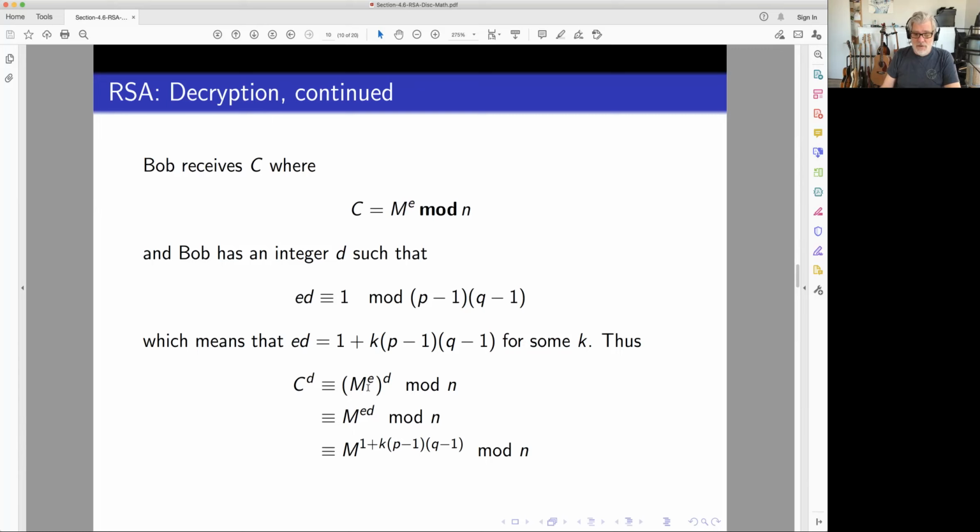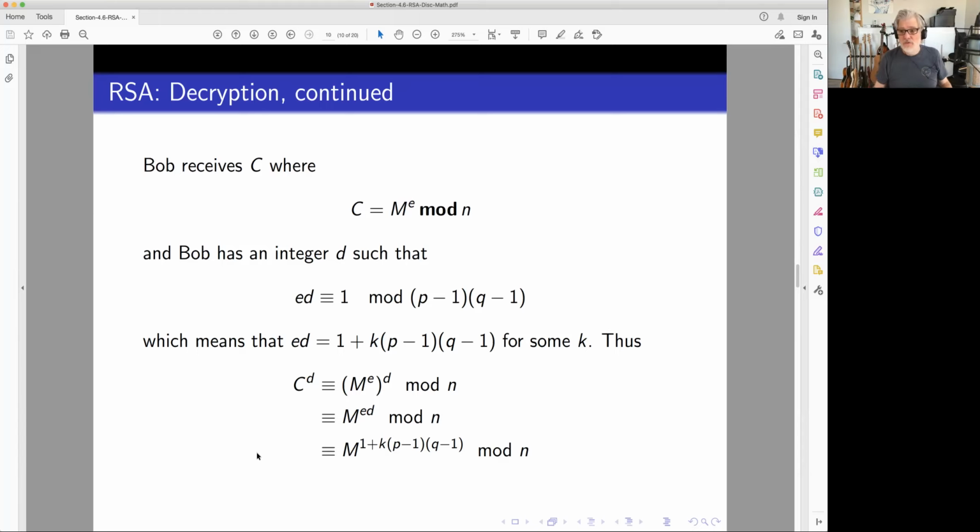So we get M to the power E to the power D, which is M to the power E times D, which is M to the power 1 plus something times (P minus 1) times (Q minus 1), all up to congruence mod N.